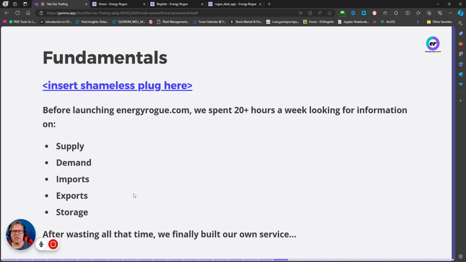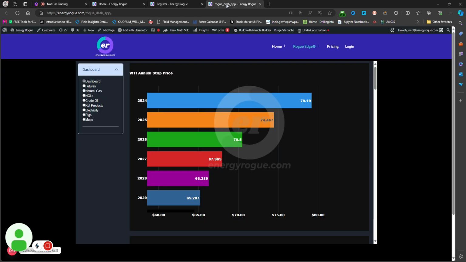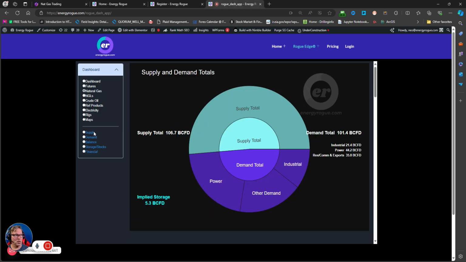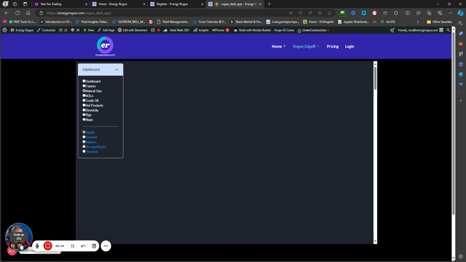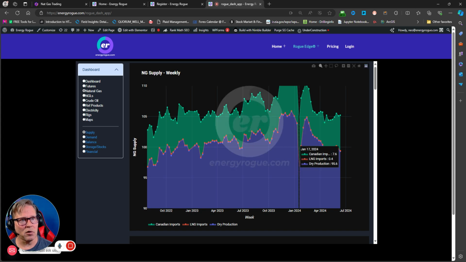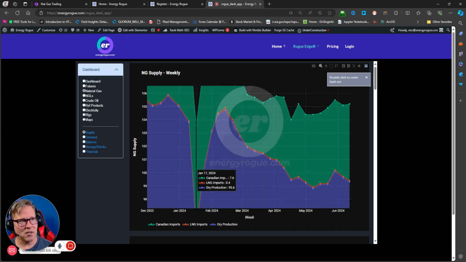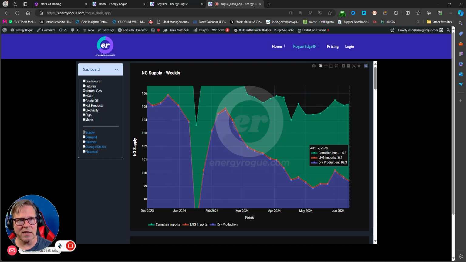After wasting all that time, we finally realized I can either spend 20 hours a week, or I can create something that provides a resource that, with a few clicks of the button, I'm able to look and determine that supply went from this point, 105.8 BCF a day, to 99.3. So that took me, what, 30 seconds? And that is from December to 99.3.